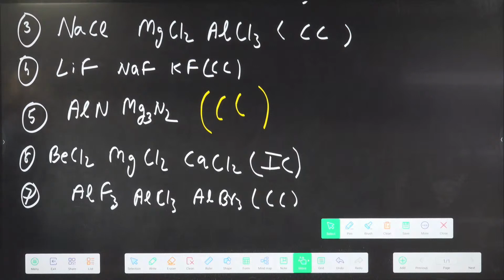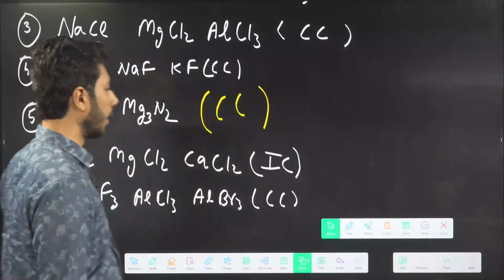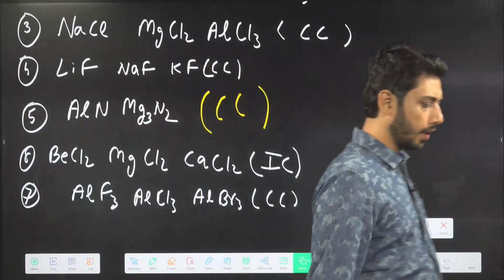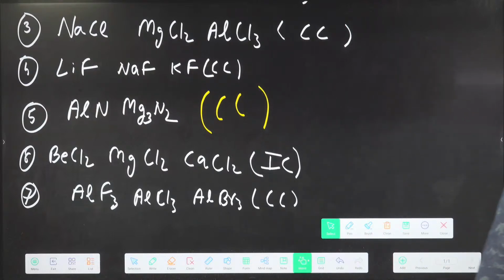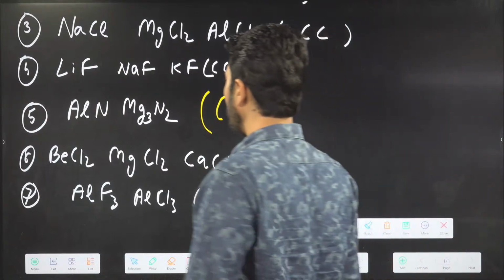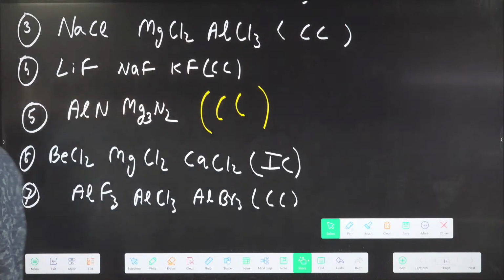Next three you can try. Write down next three, complete it, then I'll discuss together. These three, then next three. Try third, fourth, and fifth. If it is completed, then tell me. Third, fourth, and fifth question in one go I will discuss.